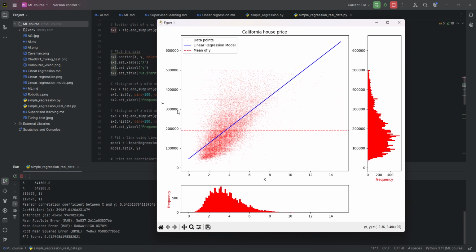Just to have a better understanding of our metrics, especially the MAE and RMSE, I mentioned before that this is telling me that on average, my error is around 56,000. Whatever this blue line is predicting for my median income, what's the price going to be? It's gonna be on average 56,000, which is around this much off.